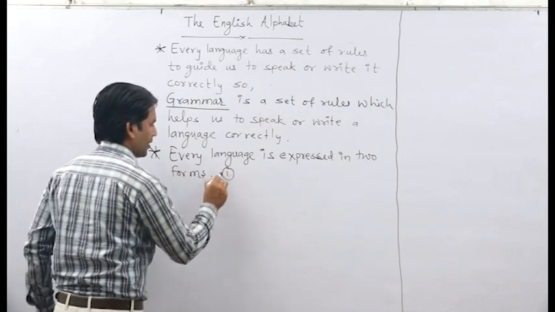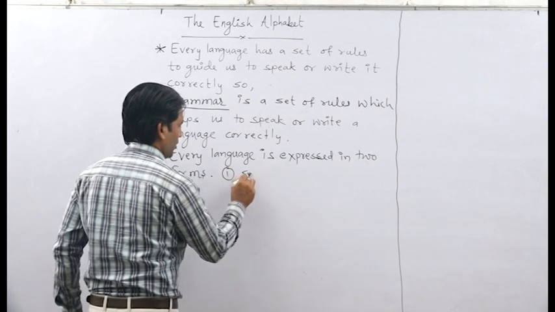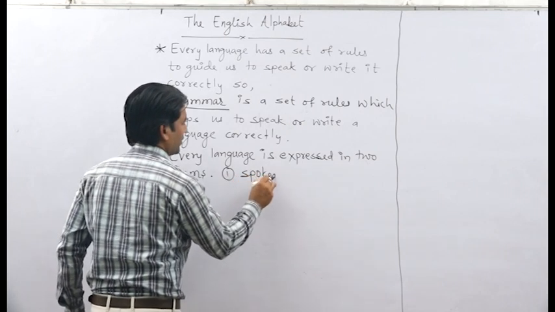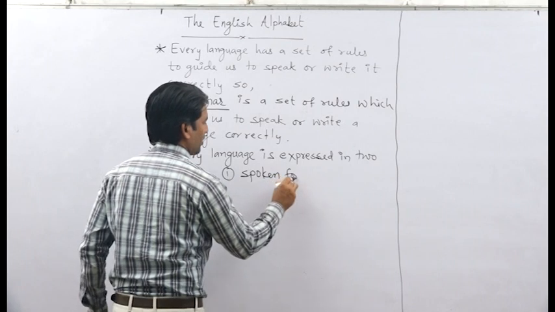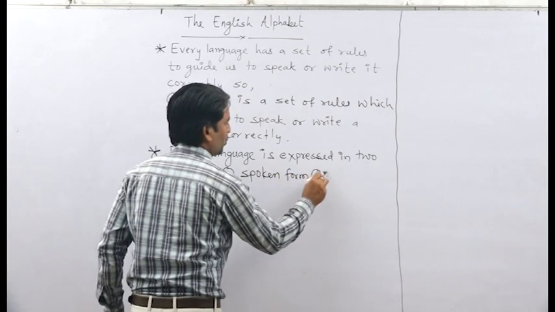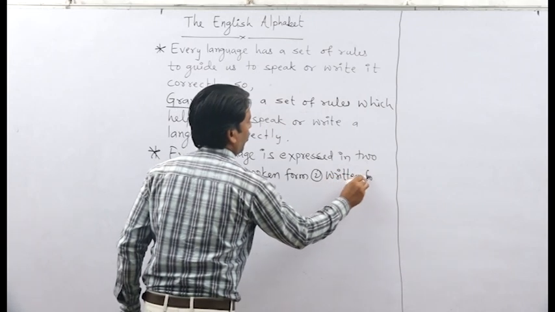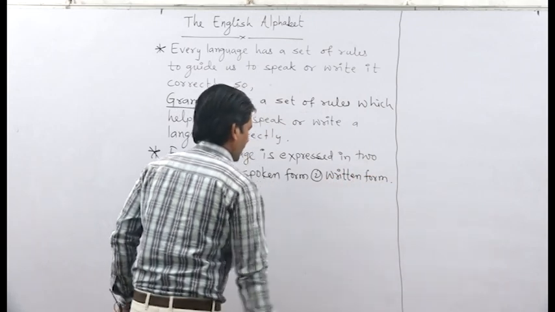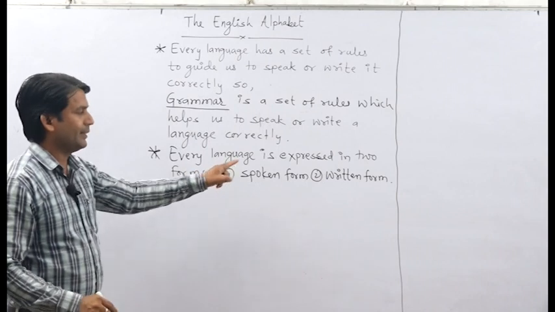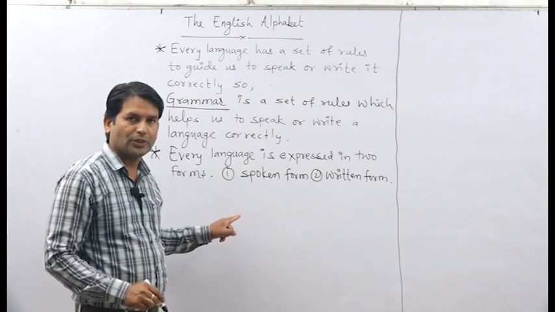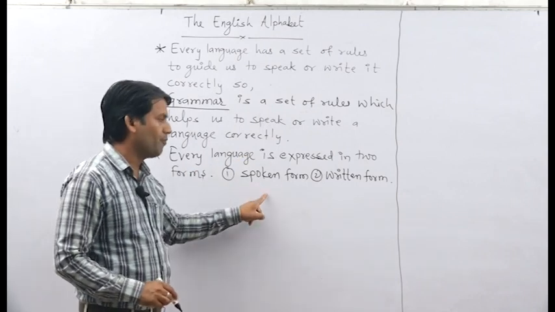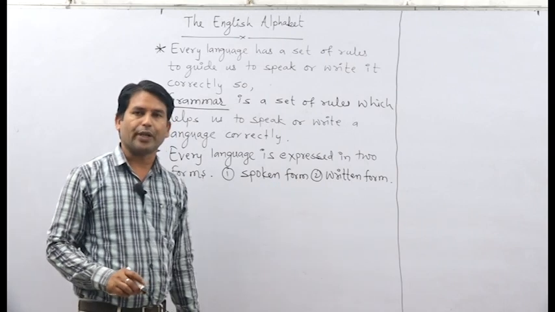Number one, spoken form, and number two, a written form. Each and every language is expressed in two forms. Number one, spoken form, and number two, written form.